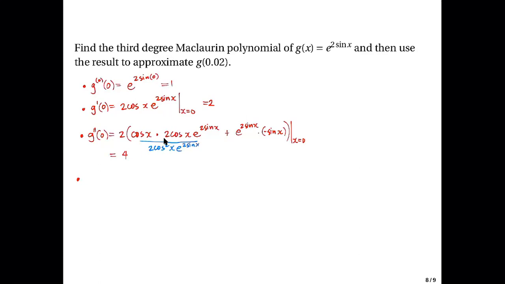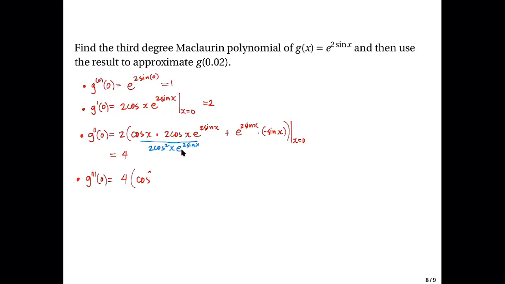So if we get the third derivative at 0, what is this? We multiply this 2 times 2, so you will have 4 there. And then left times derivative of right.